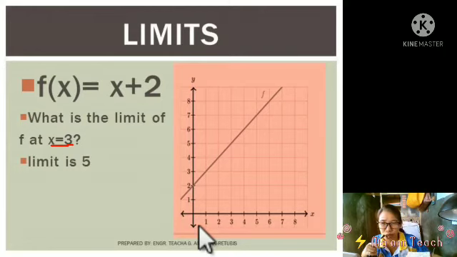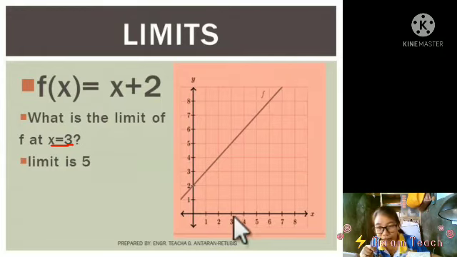Now, take a closer look. Here is your x-axis, right? This is where your x values are. So we are trying to approach 3, but in our function f. As you can see here, we have a line.